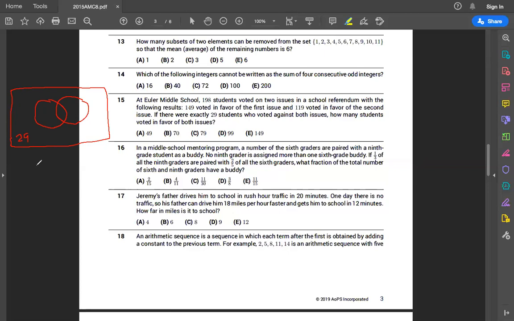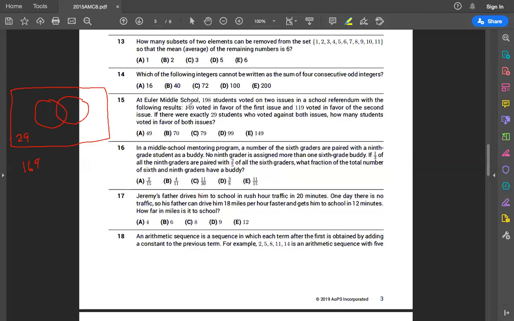So if we do 198 minus 29, that's 169 students that actually voted in favor of at least one issue. So we know that there are basically 169 students within these 2 circles.